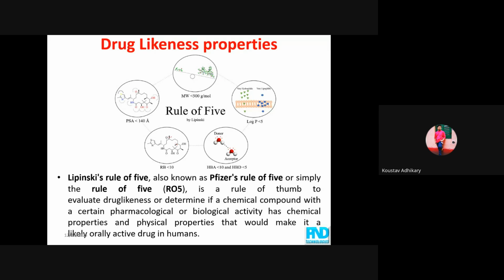So these 5 rules are set by Lipinski, and this is the rule of 5. This rule of 5 determines the drug likeness, whether a chemical compound with certain pharmacological or biological activity has chemical and physical properties that would make it likely orally active in humans.